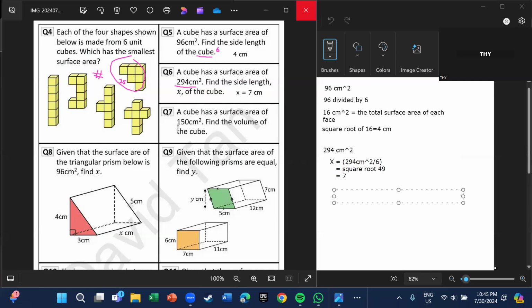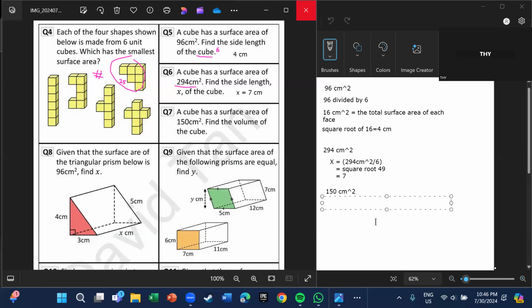Last one, question 7. A cube has a surface area of 150. Smaller now. Find the volume. This is different, but it is also quite simple. We have to find the side first in order to find the volume.